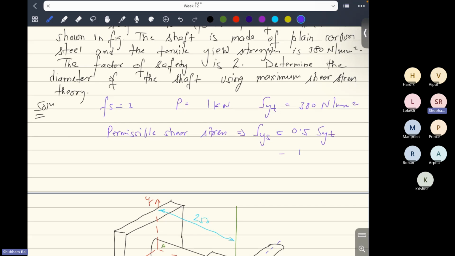So half of the yield strength will be 190 Newton per mm square, and now we have a factor of safety also. This is not the permissible shear stress, but this is the shear strength.